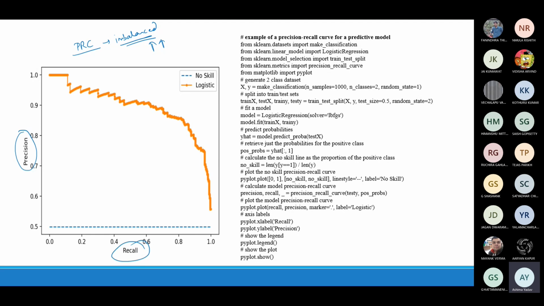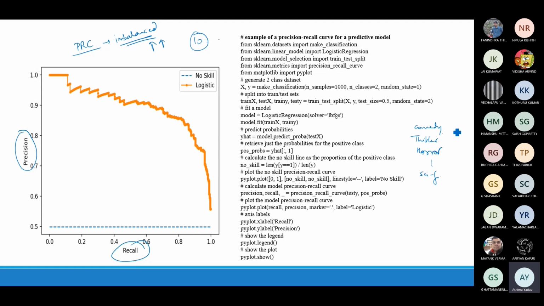Say I am using 10 different classes in my problem and I want to predict the movie genre. I can have comedy as one class, thriller as another class, happy as another, sci-fi, science fiction as yet another, and horror as another.